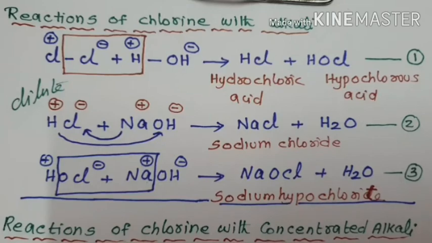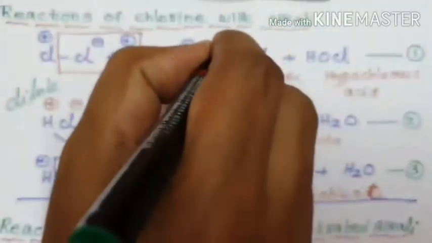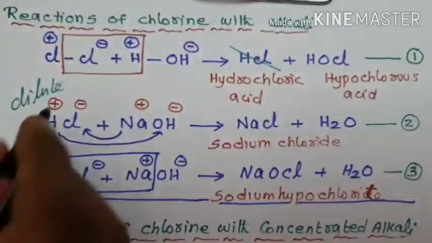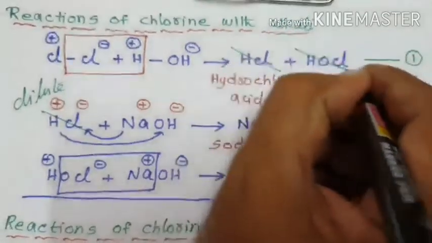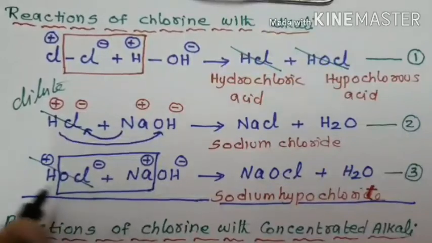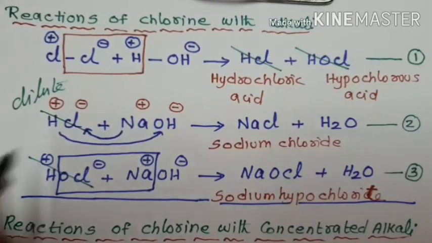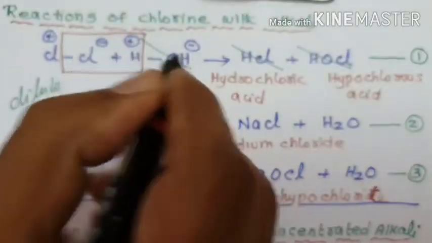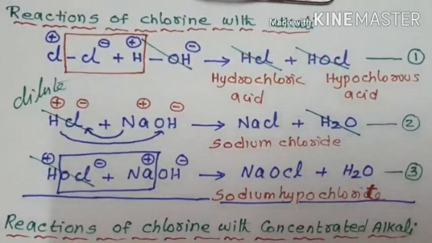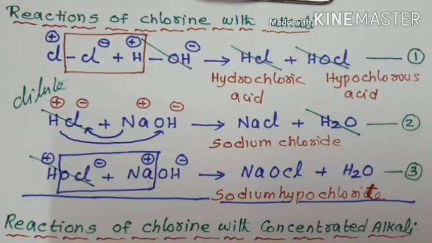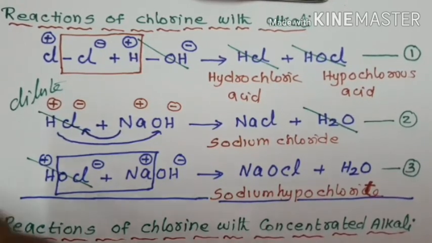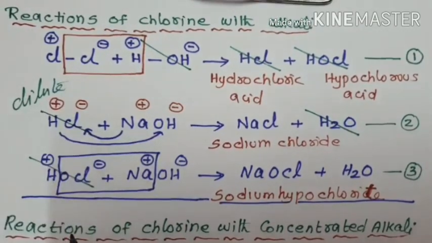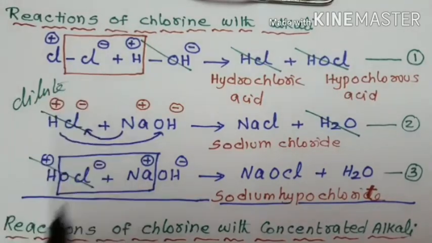What are the molecules that get cancelled? 1 molecule of HCl, HOCl get cancelled, 1 H2O water molecule gets cancelled. Now add all these three reactions and you will get the final reaction. Only one Cl2 we have.